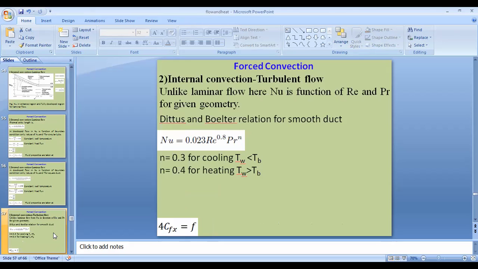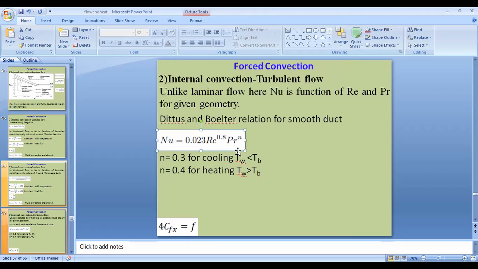Now, when we deal with laminar flow, it is very, very easy for heat transfer and fluid flow. But as soon as we go to the turbulent region, even the friction factor depends on the wall roughness. So it is not one relation, there are many relations. For heat transfer also, there is a relation and it is not a constant value. Here it depends on what?